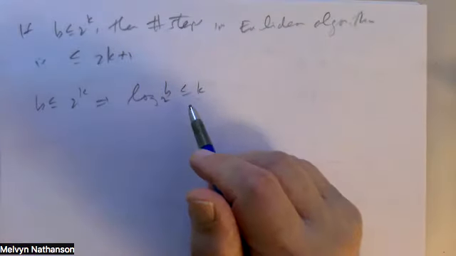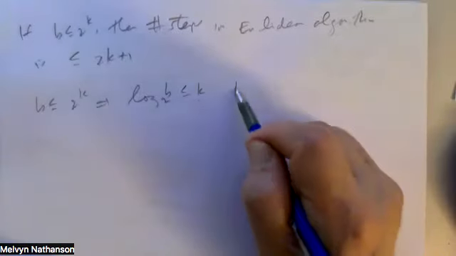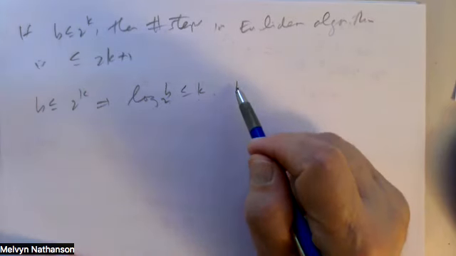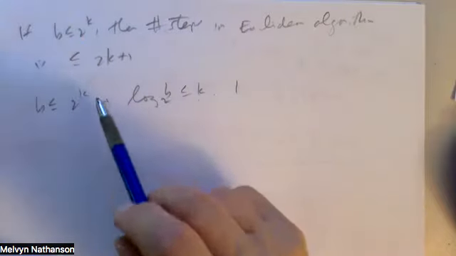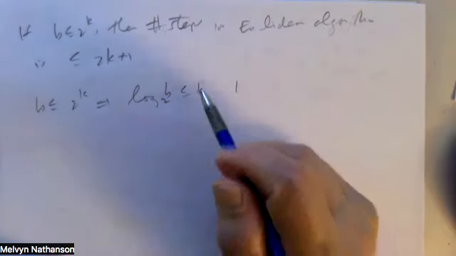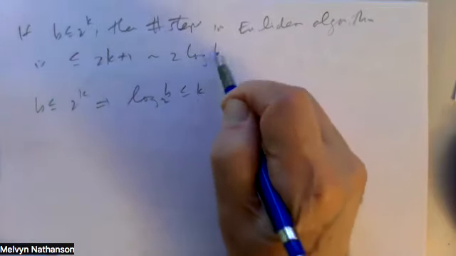So if I take k to be log b to the base 2, so if I choose the smallest k such that b is less than or equal to 2 to the k, let's just say this is 2 log b to the base 2 plus 1.